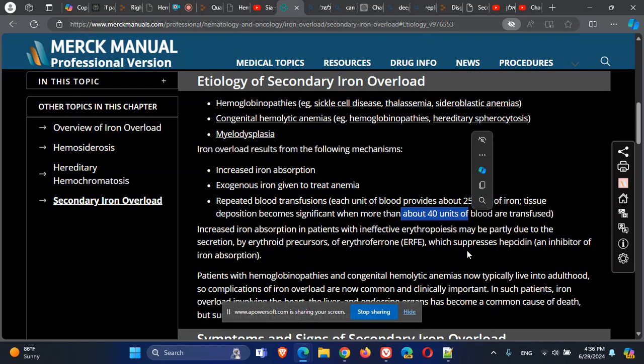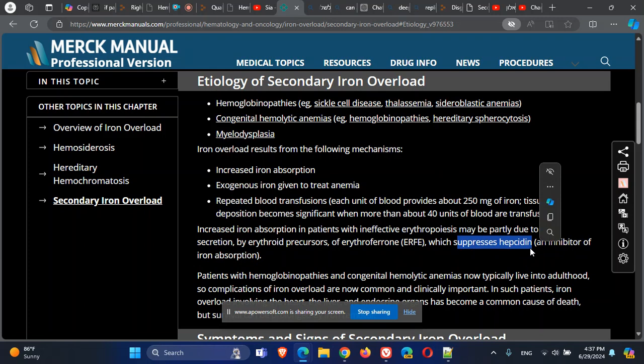Okay, now when we have ineffective erythropoiesis, there are some hormones that are released, like erythroferrone, that suppress hepcidin. Now, hepcidin is important for inhibition of iron absorption.